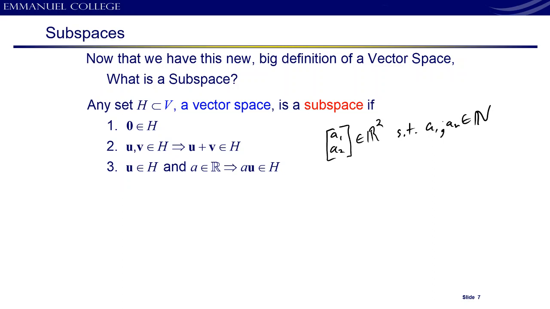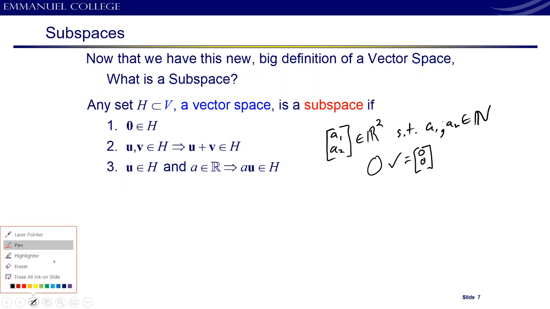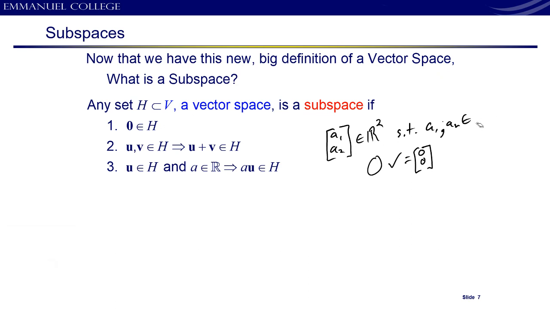So first thing, do I have 0? Yeah. It's equal to just 0, 0, because 0 is a natural number. Well, let's change it to integers just so we don't step on any toes.